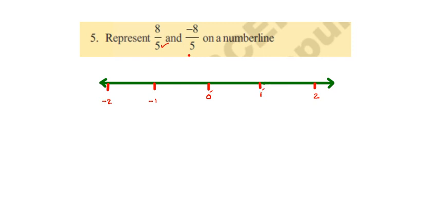So now you may first divide the first unit into 5 equal parts like this. 1, 2, 3, 4, 5. And in the same manner, the second unit is also divided into 5 equal parts. 1, 2, 3, 4, and 5.